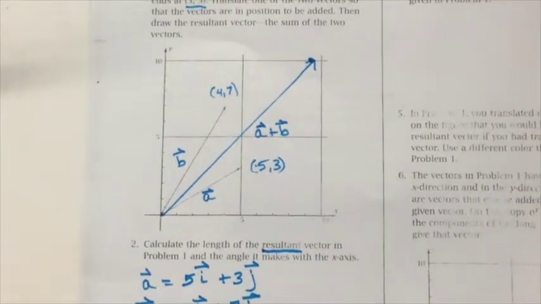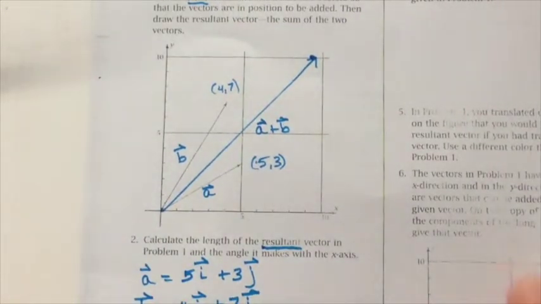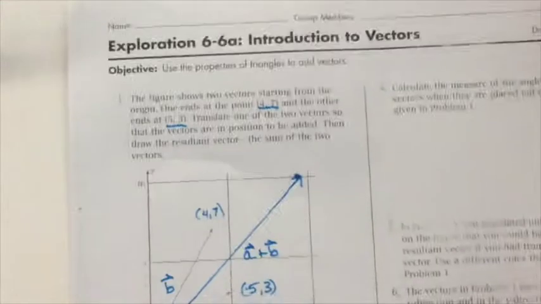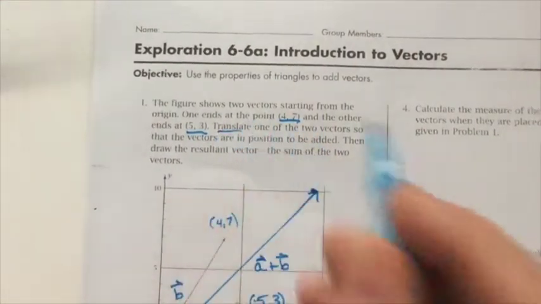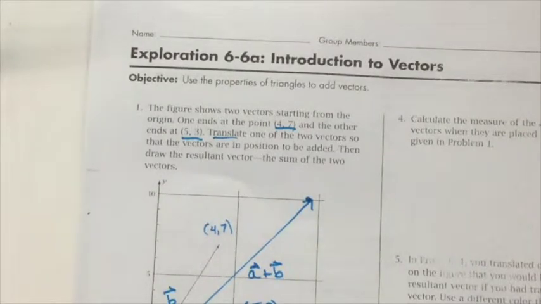Now, let's go back for a minute and look at the instructions. What did it say to do? It said translate one of the two vectors. Do you remember the definition of adding vectors from the book?